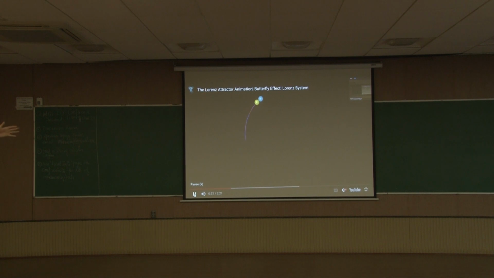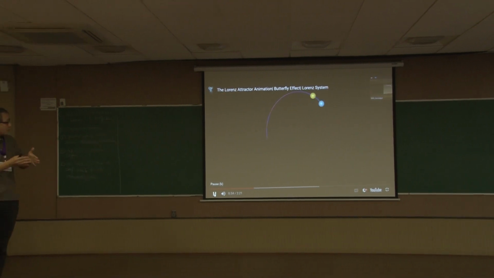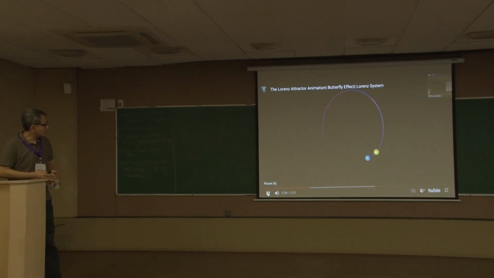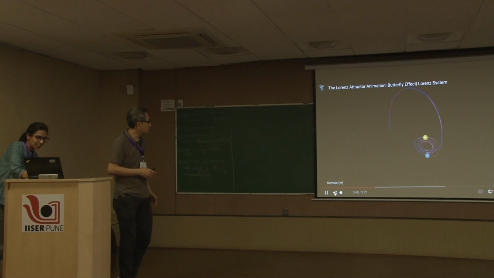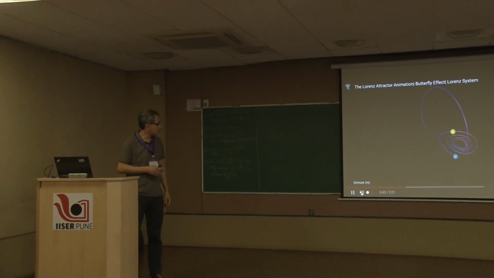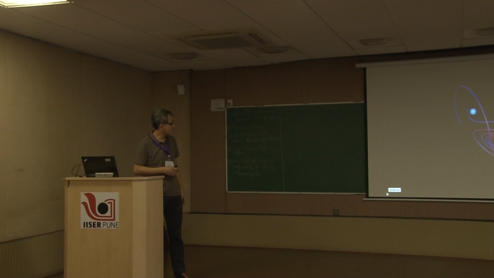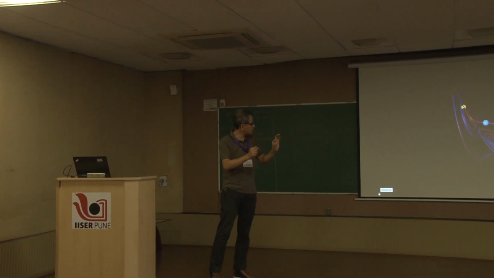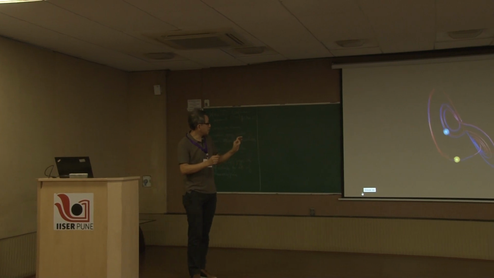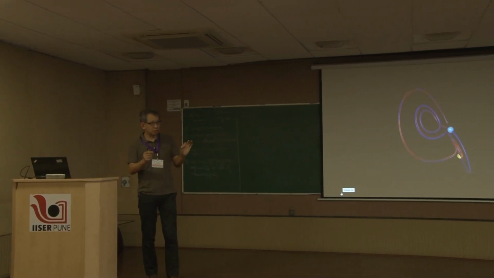At the beginning, you see that the two orbits are similar, but very quickly the orbits become different. If you don't care about the exact position of the points, then basically the blue set and the red set are more or less the same.